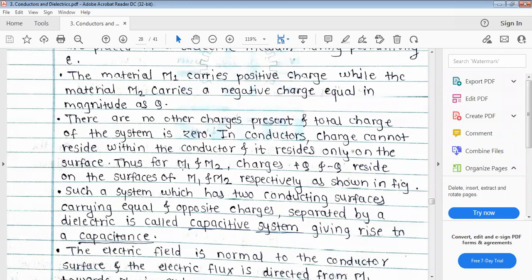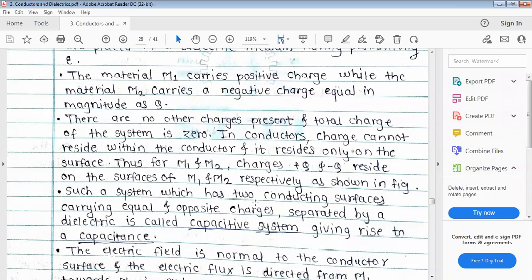This is a property of conducting material, that the charges always reside on the surface of the conductor. So this M1 and M2 have positive charge and negative charge. On M1 there is a positive charge plus Q, and on M2 there is negative charge minus Q, and these charges are on the surface.